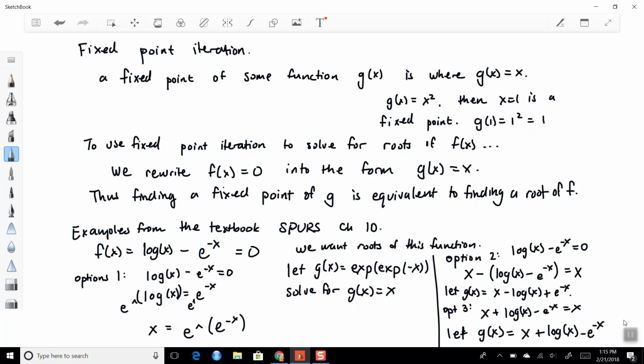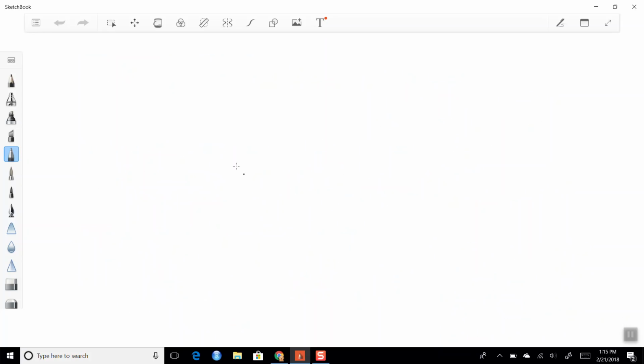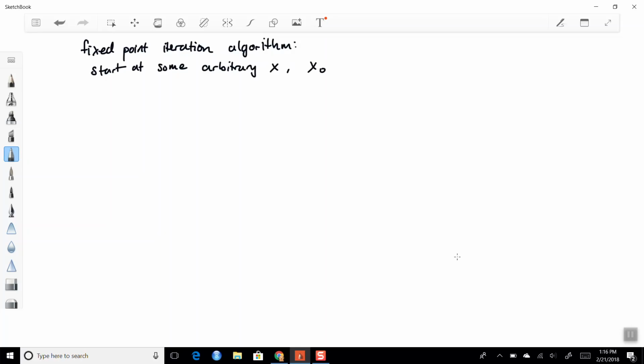And then once we have that, then fixed point iteration, the algorithm, says start at some arbitrary x, and we will call this x at time 0, and then find g of x0, okay?